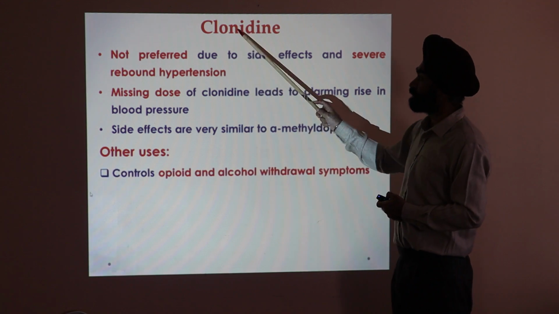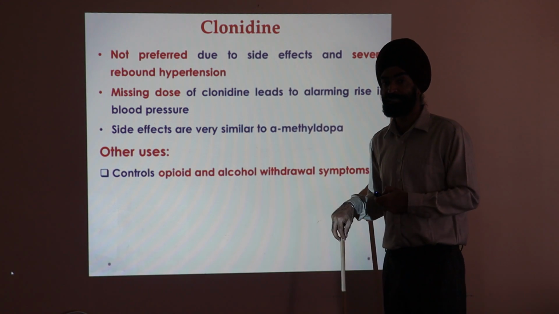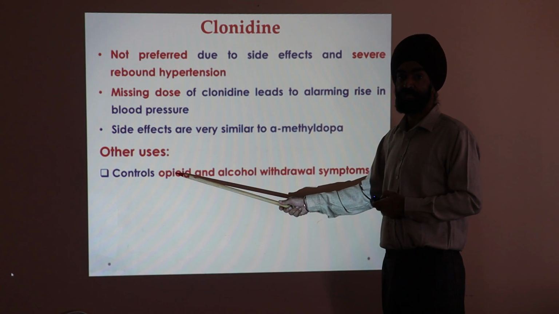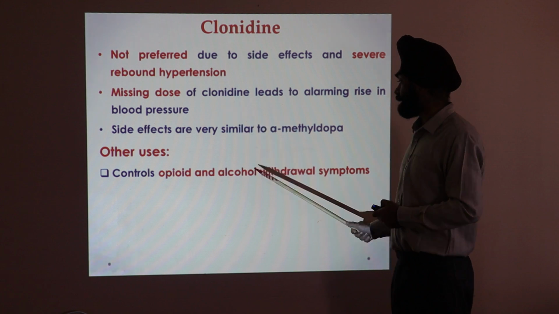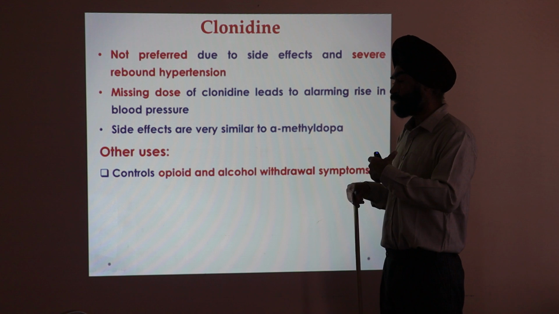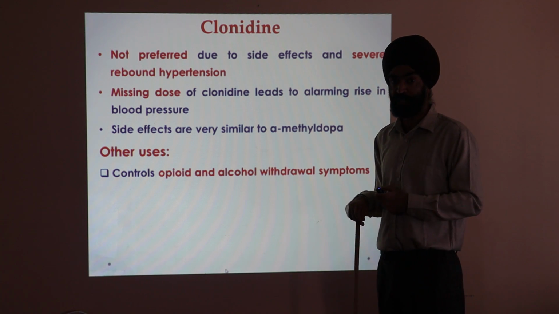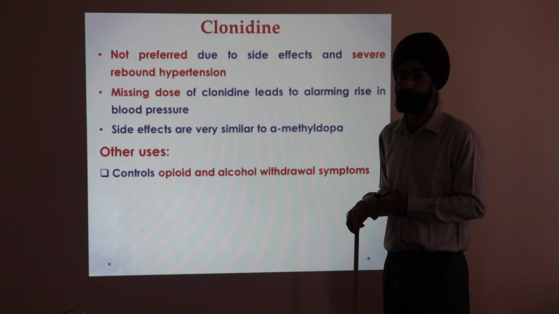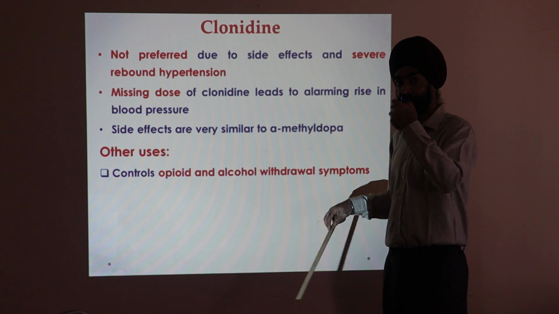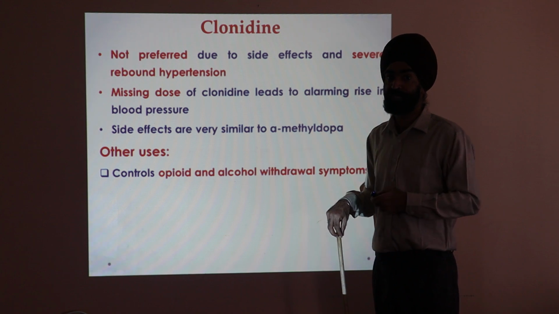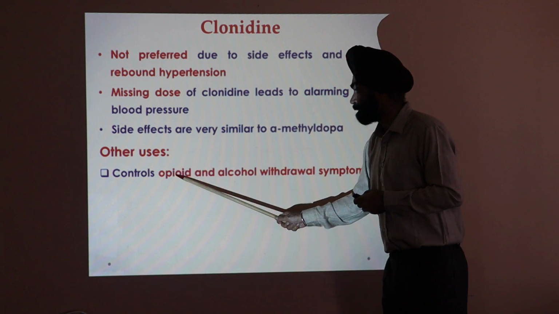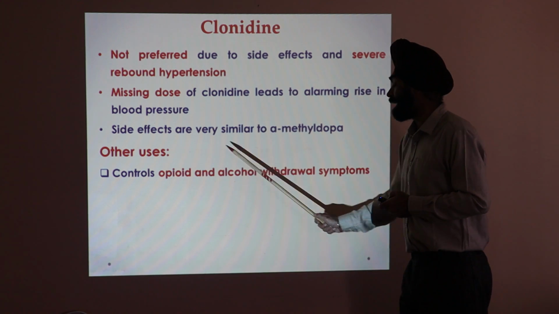What are the other uses of clonidine? It is not preferred as an antihypertensive agent, but it has some other uses. Say you have an opioid patient who is dependent on opioids, or a person addicted to alcohol, and if you don't give opioid or alcohol for a certain period of time, the person starts developing withdrawal symptoms. To manage those symptoms, you can give clonidine, because those symptoms happen because of activation of the sympathetic nervous system. Clonidine reduces the sympathetic nervous system, so it reduces those symptoms of opioid and alcohol withdrawal.